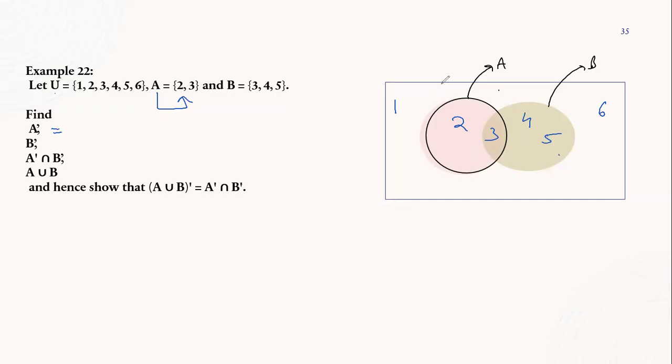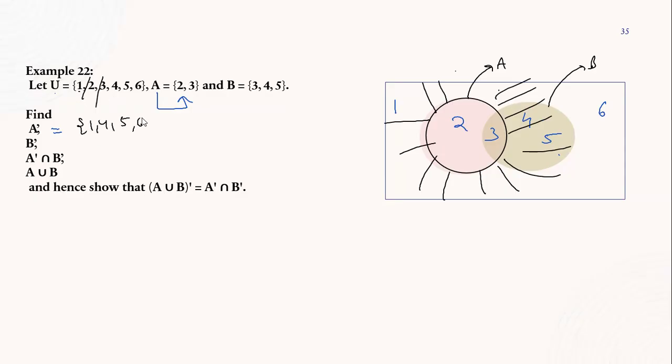A complement will be everything leaving A, from the universal set. If we subtract 2, 3, A complement will contain 1, 4, 5 and 6 like this.